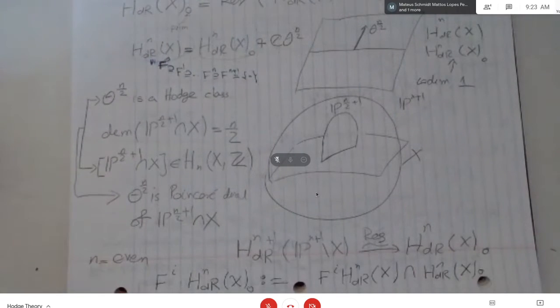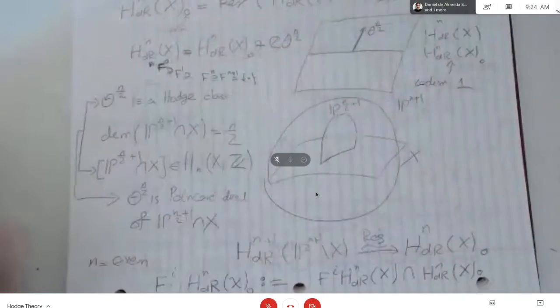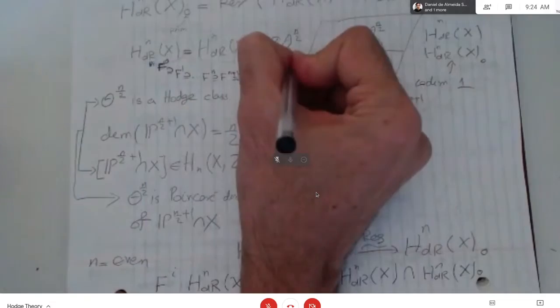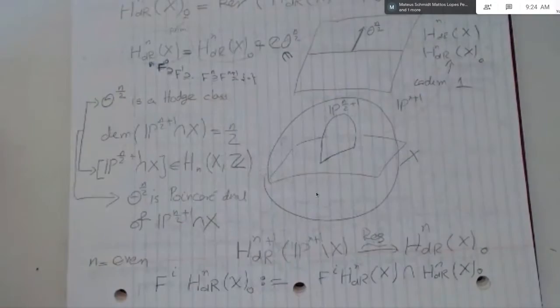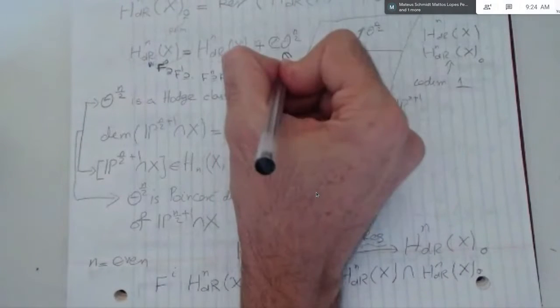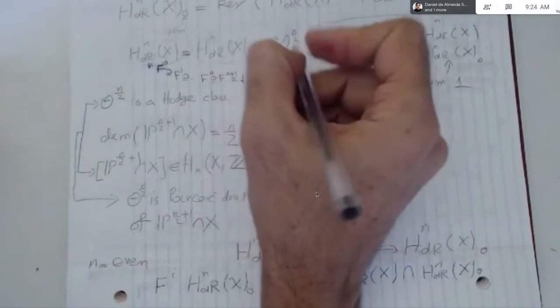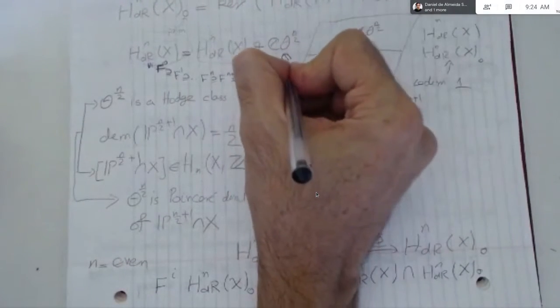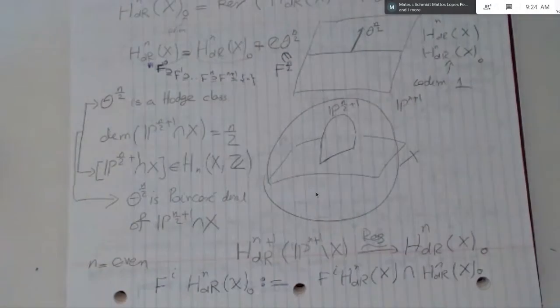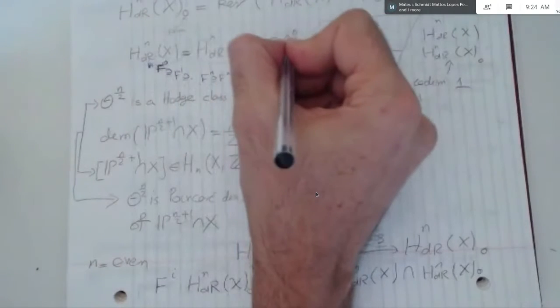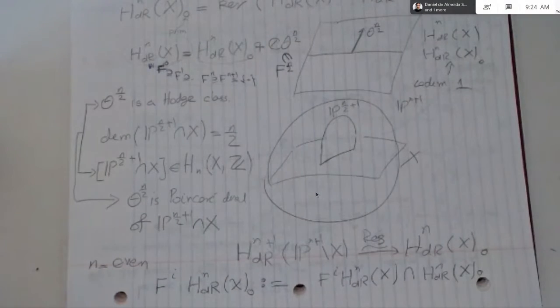Okay, maybe I have to mention that this is also important. This theta n half, since it is a Hodge class, is in F^{n/2}, because theta is a Hodge class. And let me see what else.